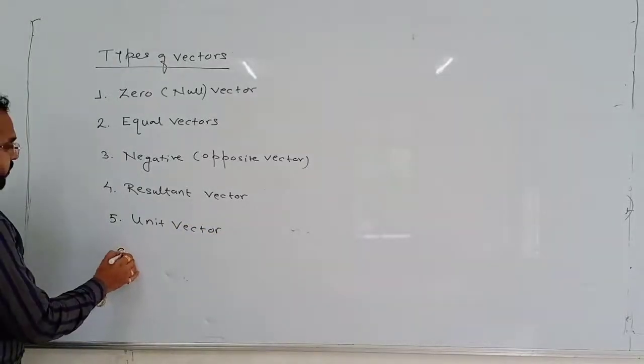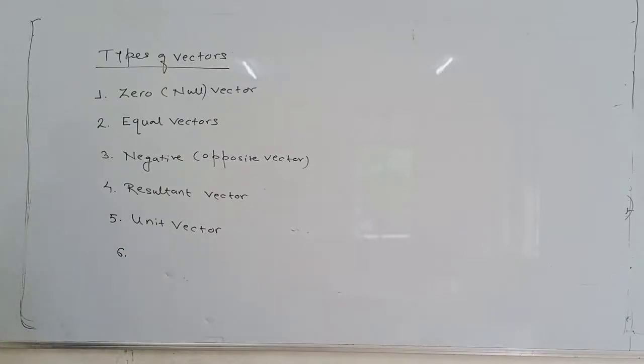And the sixth one. Zero, equal, negative, resultant, unit, okay, let's see.